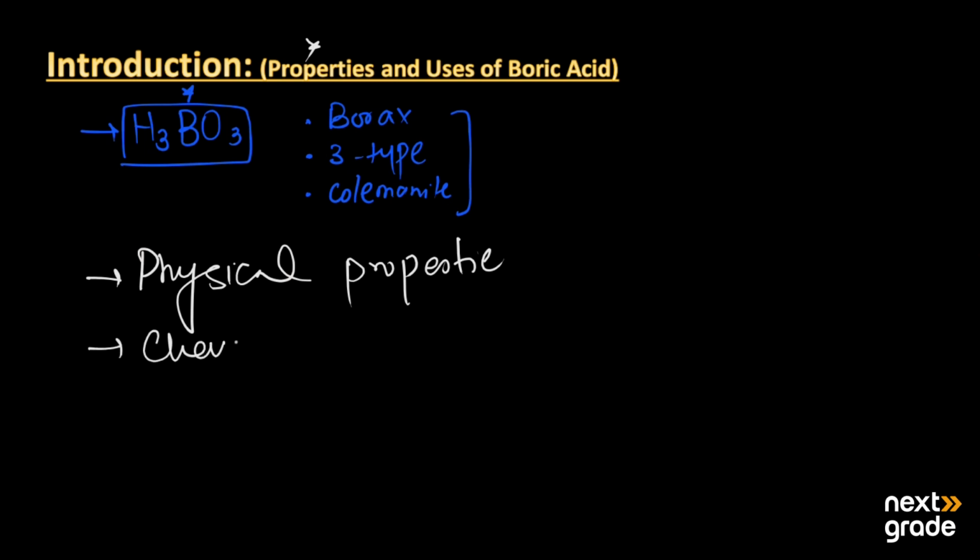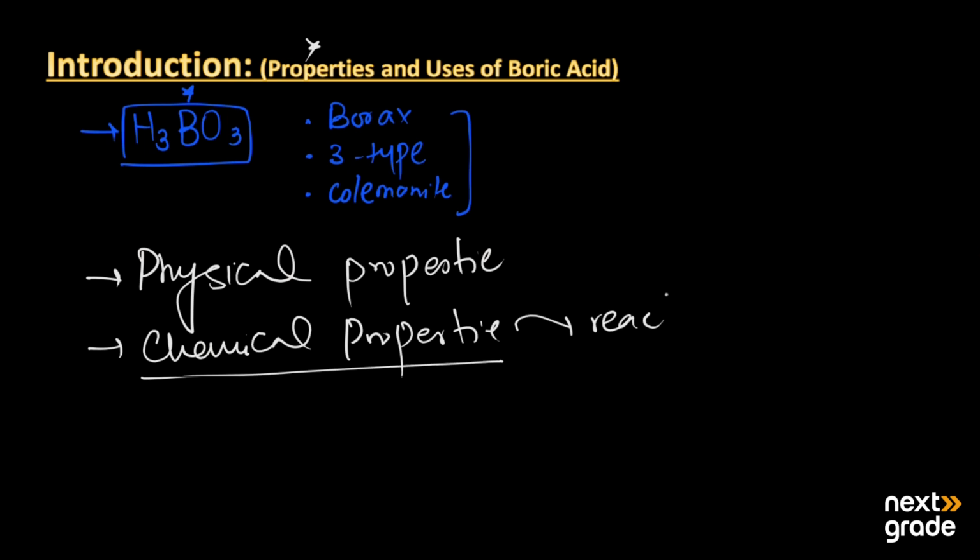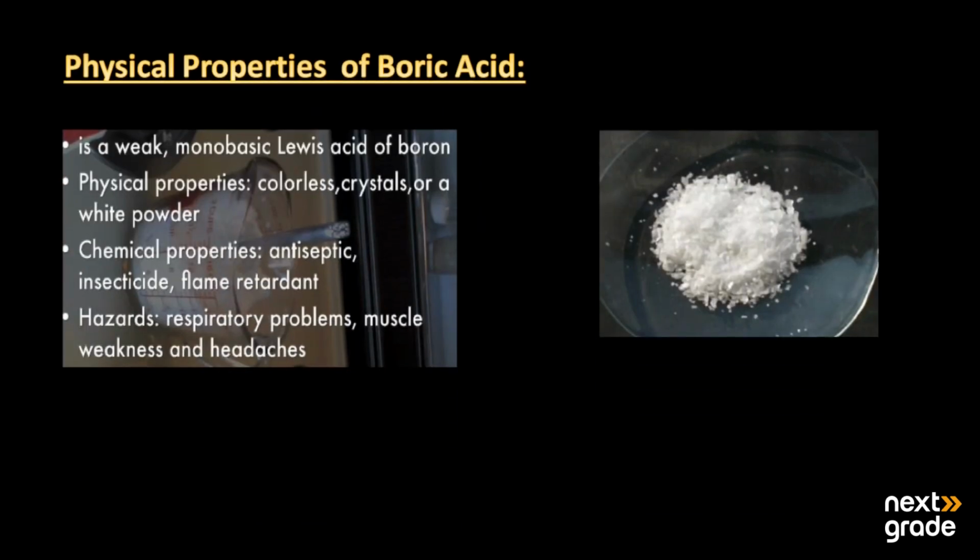And then we will study its chemical properties: how it can react with the other elements, what is its bonding type, what is its reaction rate, and what are the main products when it reacts with water or other substances. On the other hand, we will also study the uses of boric acid, where we can use it in our daily life. So let's start.